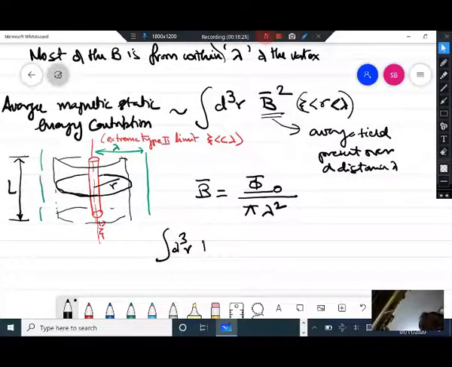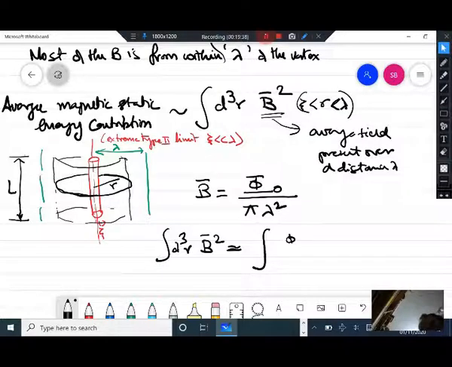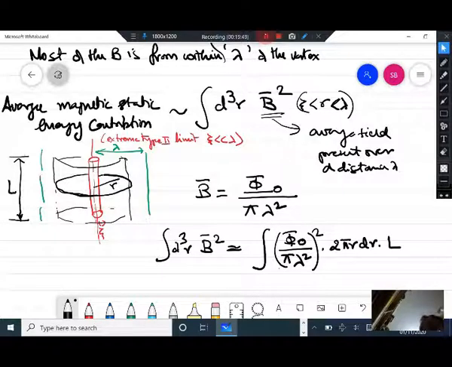Then the integral of B square d cube r, this average, would be roughly the integral of phi naught by pi lambda square, the average local field, into 2 pi r dr into L. This would be the average local field, and you will do an integration from xi to lambda.